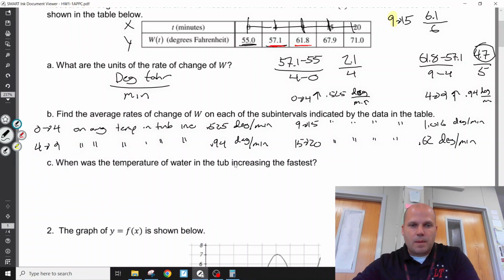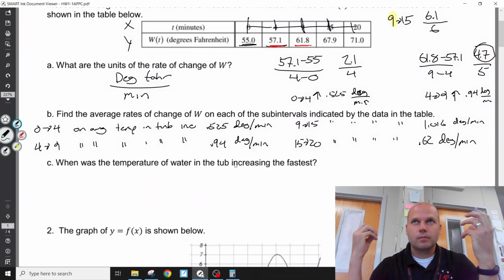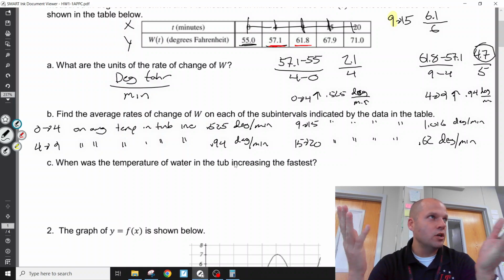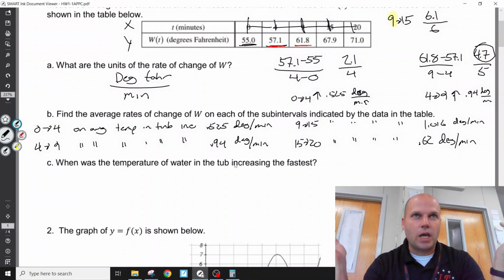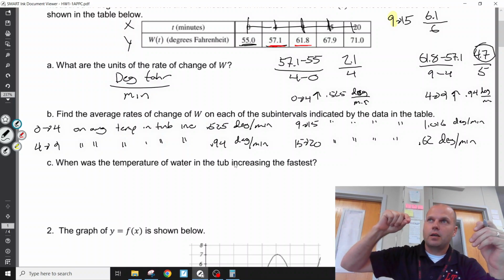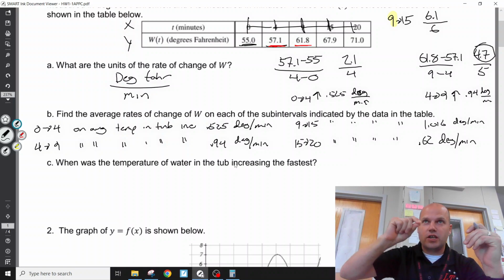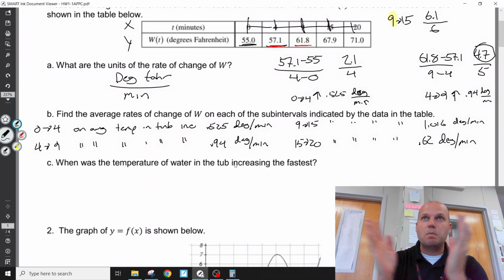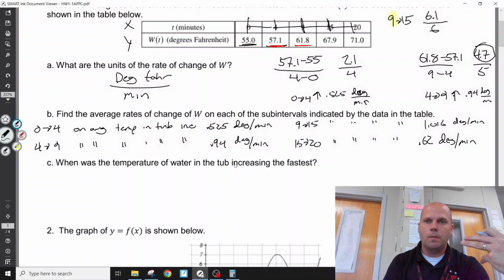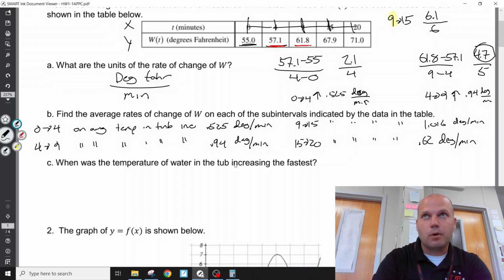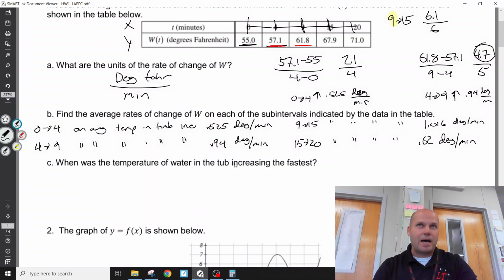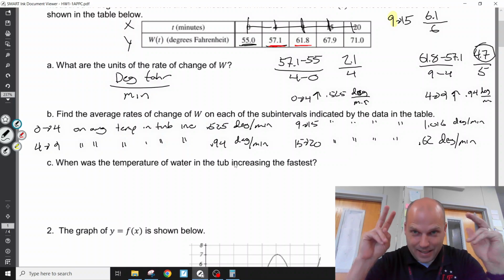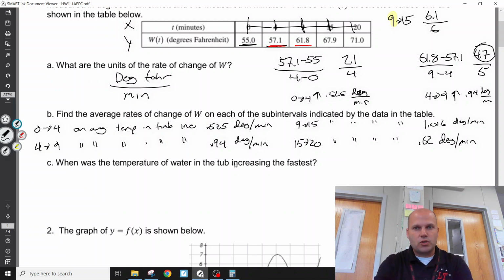When do we think the temperature in the water is increasing the fastest? Now, we don't know for sure, but like we talked about, if you're analyzing change, use as many subintervals as you can so you could see how quickly the function is changing at different intervals, and the smaller the interval, the more you're gonna know. If you have a table of information, you only have a limited amount of intervals, just use as many as you can and make the best guess based on what you see in your data.